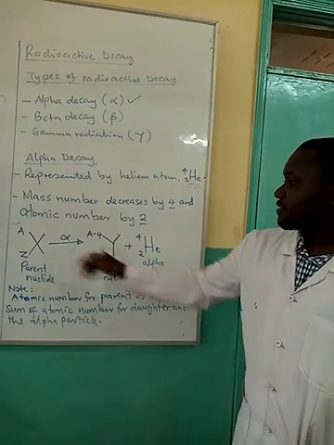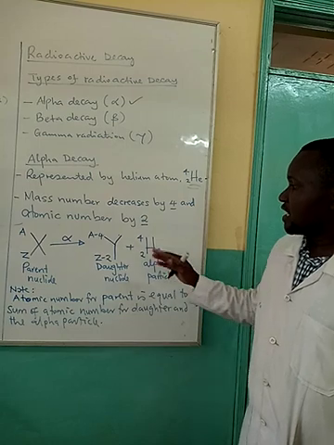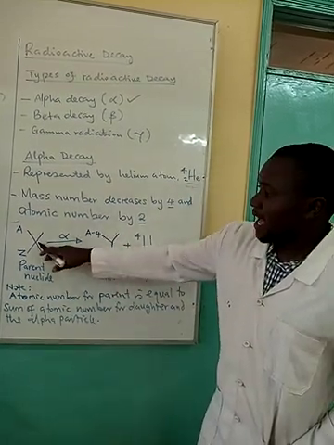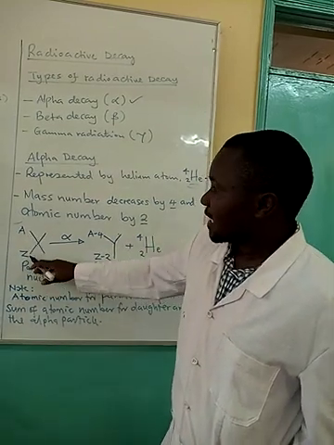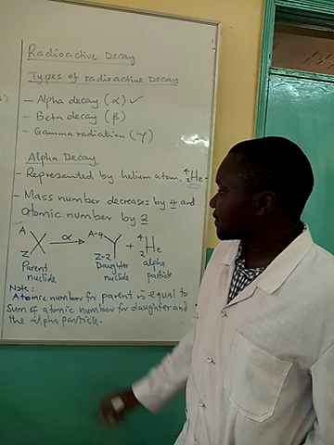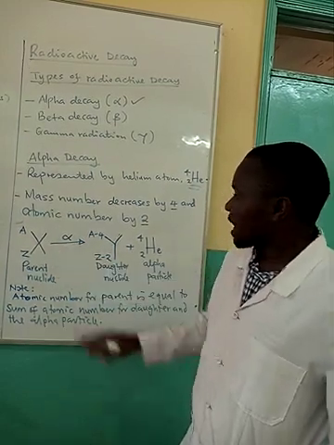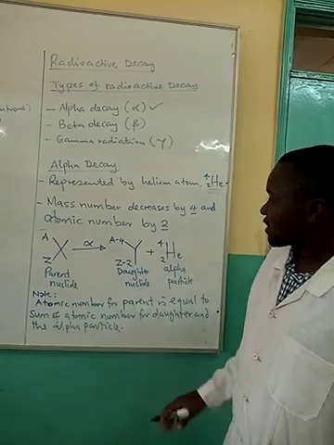If we represent it in the form of what we call a radioactive decay equation, or simply a decay equation, assume you have an atom X whose mass number is A and atomic number is Z. It decays by emitting an alpha particle, so we represent that with an arrow, and on top of the arrow we write the symbol alpha.